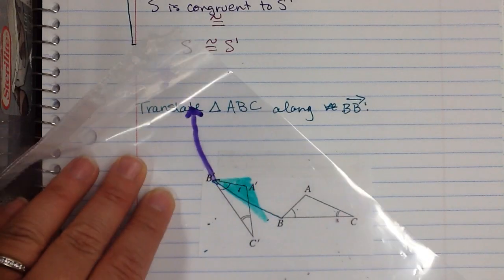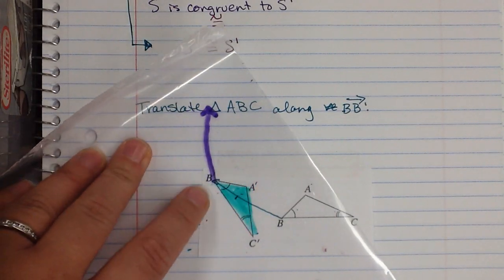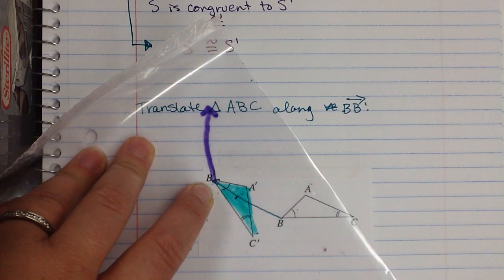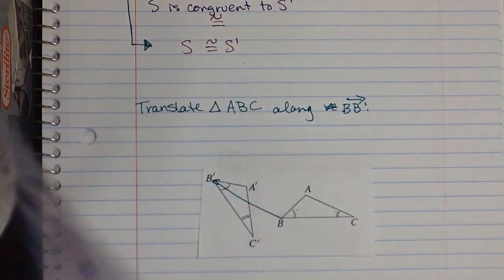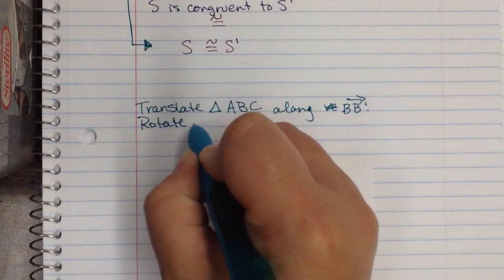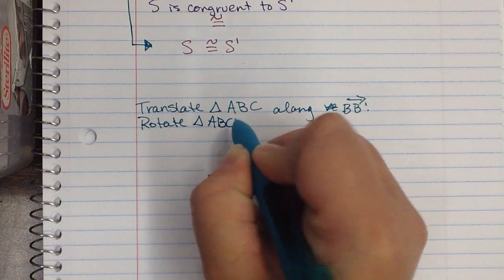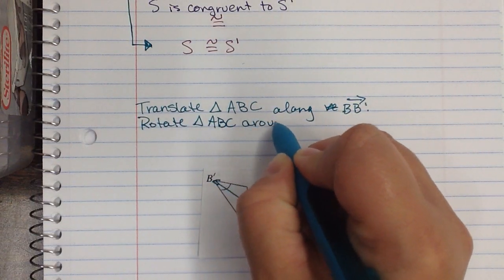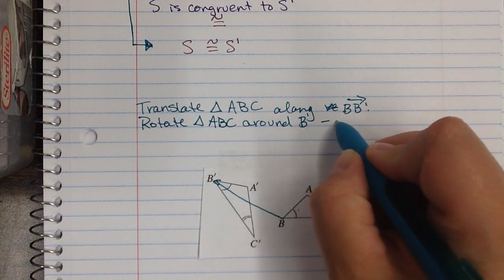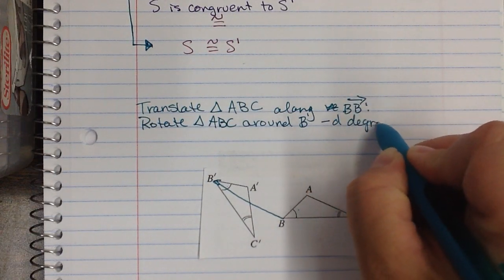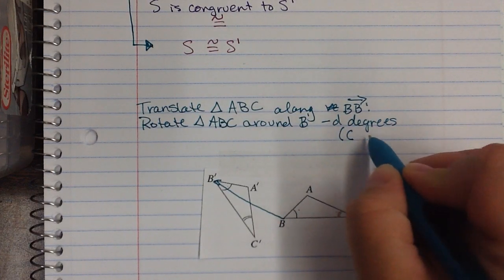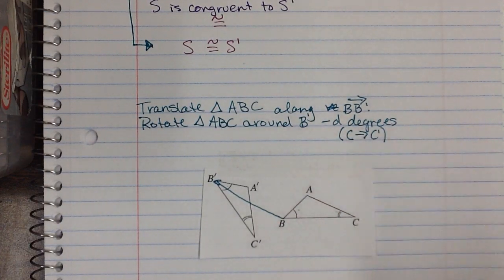It would just be a rotation around B prime, and because I went clockwise, it would be negative D degrees. So then I would rotate triangle ABC around B prime, negative D degrees, and I just want to match up C to C prime.